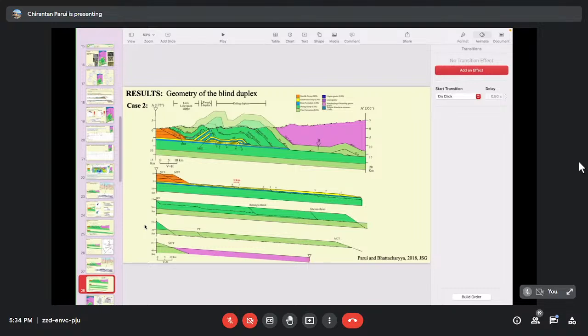I have a very simple comment. Both the aspects of your study, the balanced cross section and your strain measurements from the quartz grains, are based on some assumptions. You have assumed something when you draw the balanced cross section.